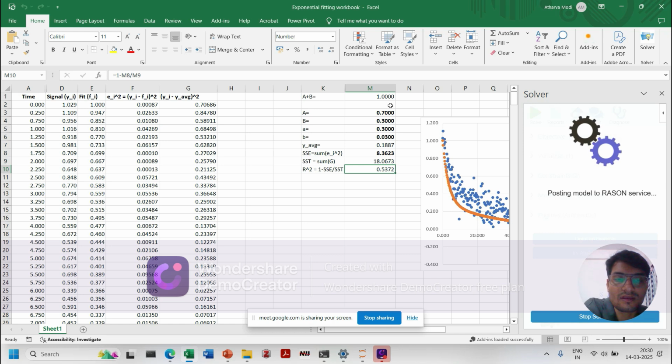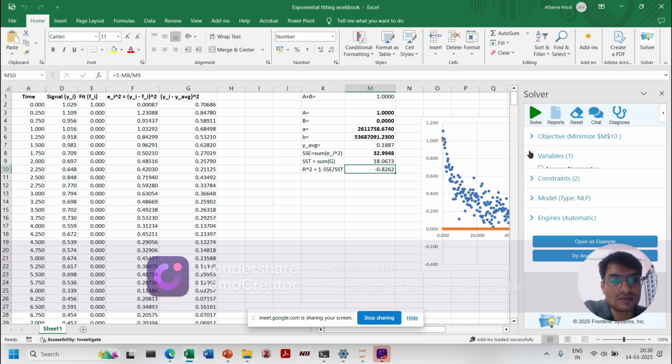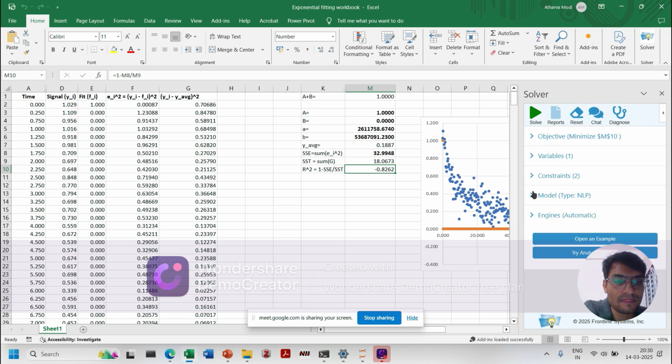So there is some model working on it, and it gives us a signal that it does not converge.